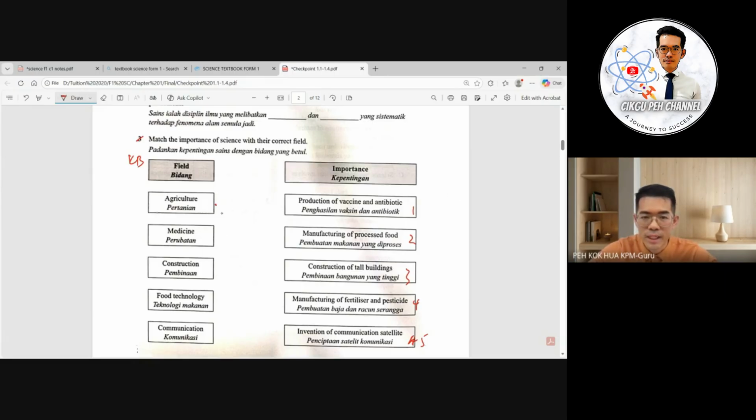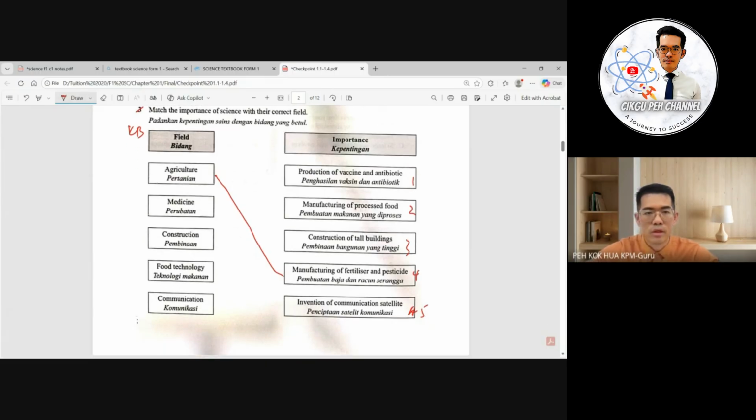Okay, so answer, Katrina. Number 3, match the importance of science with their correct field. Will be block number 4. Manufacturing of fertilizer and pesticide is the correct answer given by Kaipin. Okay, then medicines. Medicine, yes. First block, production of vaccine and antibiotic.